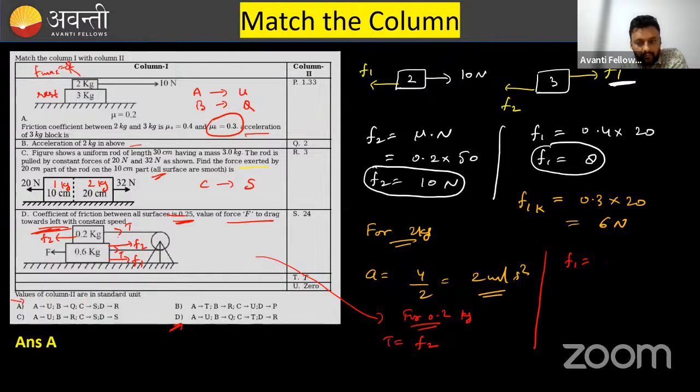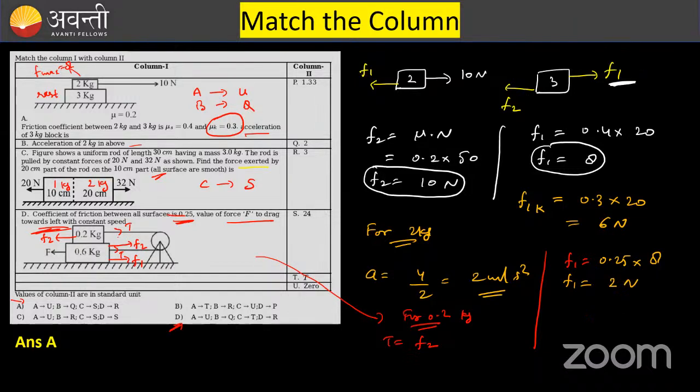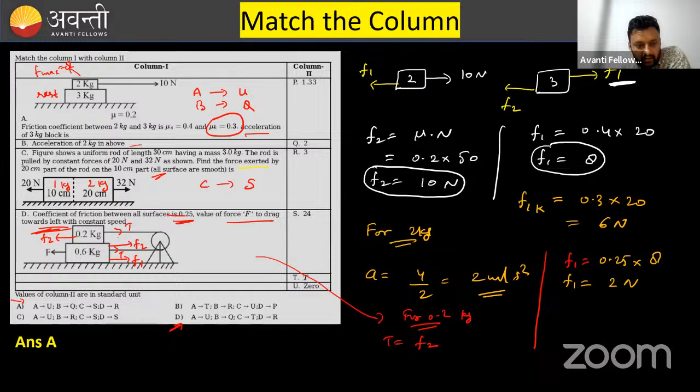F1 is equal to, everywhere 0.25. Normal reaction is 0.6, 0.2, 0.8. कोई बोलेगा F1 कितना आया? आई थिंक 2 ना? न्यूटन। F1 नहीं, F2 आया 0.5 न्यूटन। F2 आया 0.5 न्यूटन, ओके। F2 is again 0.25 into normal reaction.